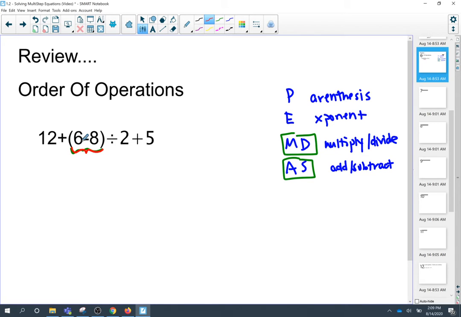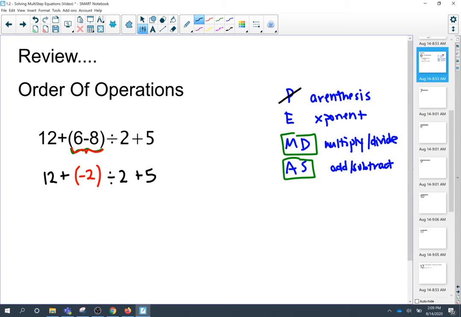I'm going to say, okay, that's 6 minus 8. 6 minus 8 is a -2. And then I'm just going to drop everything else down. So I had a 12 plus, behind the parentheses, I had a divided by 2, and then a plus 5. Then I say, okay, well, I left the parentheses just to be safe, but parentheses are really done because there's nothing left to do in them.